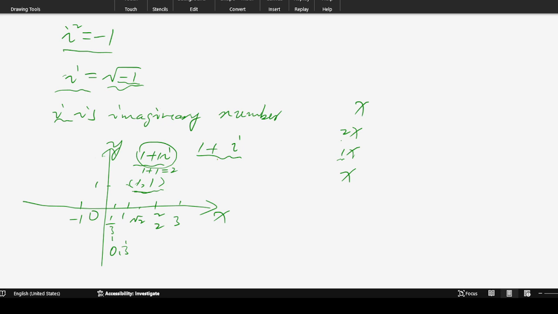We call this a complex number. We call this part the real part, and this the imaginary part. Together they have the name complex number.